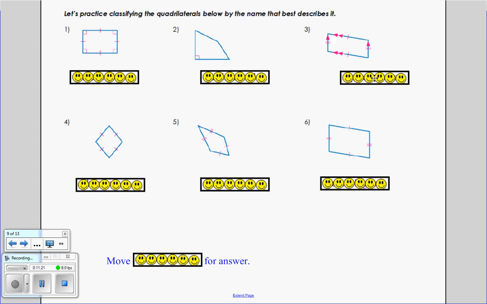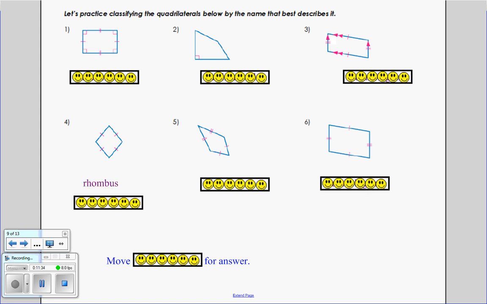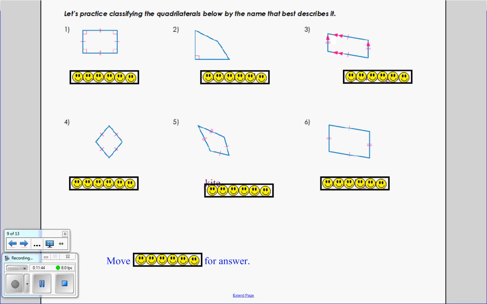Number 3 is a parallelogram. Opposite sides are parallel and opposite sides are congruent. Number 4 is a rhombus. It has 4 congruent sides, but it does not have 90-degree angles, so it's not a square, it's a rhombus. Number 5, that's that special case we called a kite. You might also call it a quadrilateral.